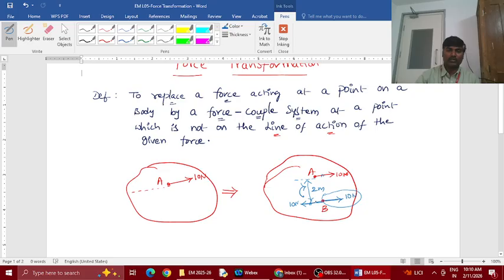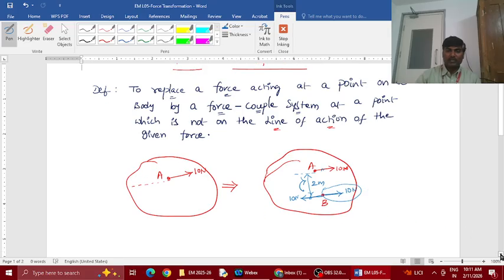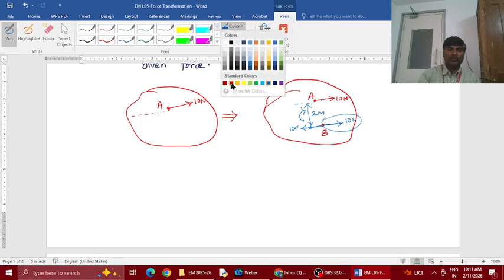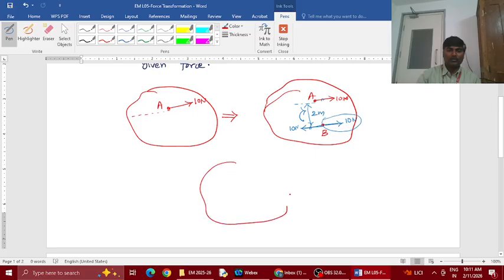This arrow towards right, this arrow towards left, forming a clockwise couple. So now I can replace those two parallel forces by a couple. Now the same body has 10 newtons left over, and these two I will represent by a moment which is 10 into 2, 20 Newton meter.